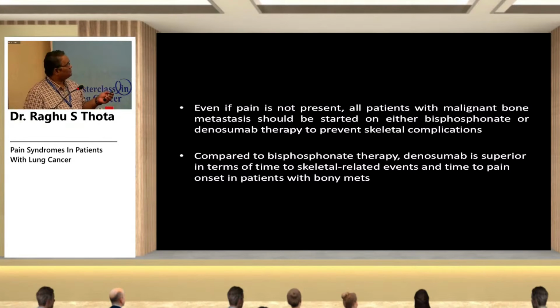So even if they are not having pain, I would start them on bisphosphonate or denosumab therapy to prevent these events. Compared to bisphosphonate therapy, denosumab is superior, but we need to understand the cost-benefit ratio with each individual patient. If they can afford it, yes, you can go with denosumab. There is no harm in that.